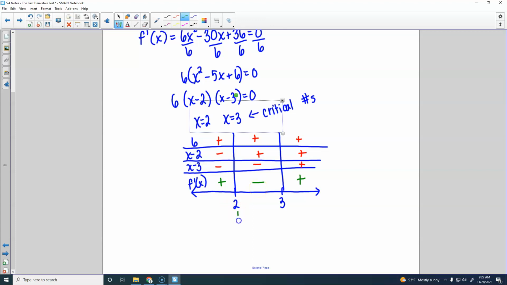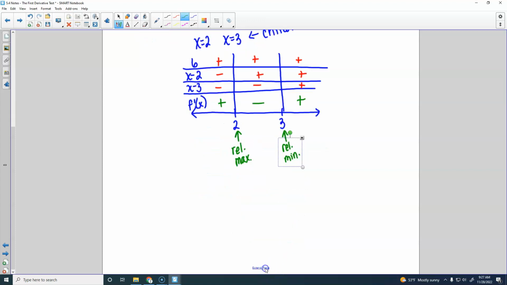So what do I have right here at 2? Relative maximum. And at 3, what am I going to have? Relative minimum. Now, it's very likely that you're going to have to find these relative maximum and minimum values.